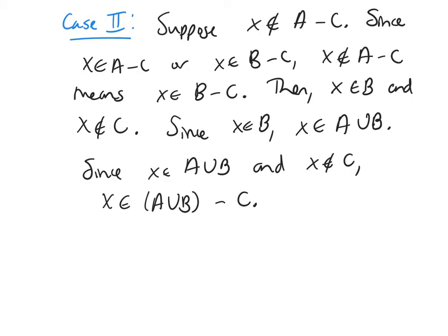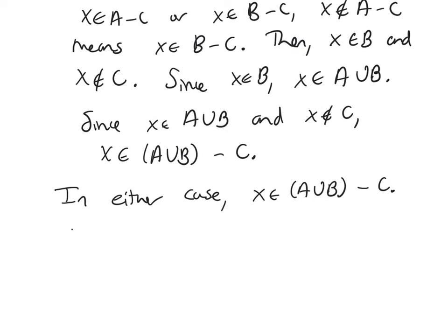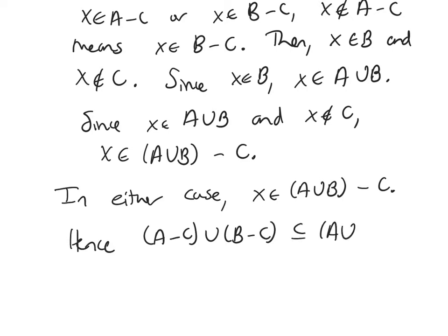And if you look at both of the cases, we had the same conclusion. So you'll say in either case, X was in A union B minus C. And what have we done? We've proved, hence, A minus C union B minus C is contained in A union B minus C. So we've completed that proof.